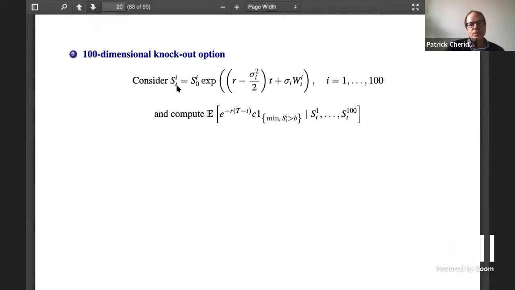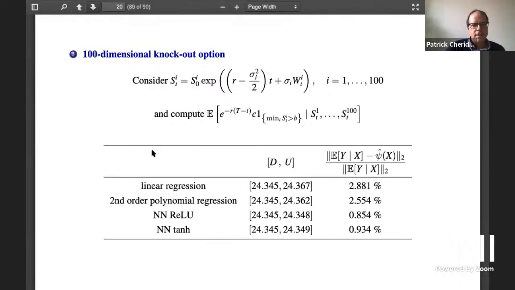And I want to compute the conditional price of a knockout option, which is a discount times some fixed value C, for example, 100 or 1,000 British pounds, given that none of the stock prices goes below some barrier. Otherwise, the option so-called knocks out. Okay, and so this is a complicated expression that might appear in a computational finance problem.